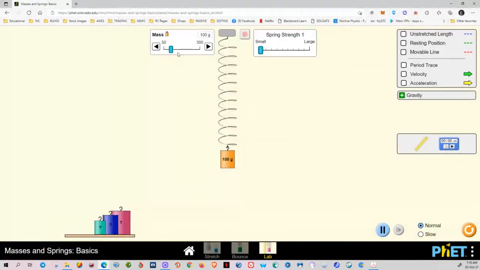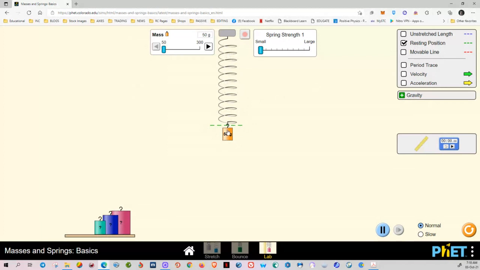First, I suggest that you start at the lowest mass available, which is 50. You can stop the vibration by clicking this button here. From what we call the resting position, this line, by putting a check on the resting position, this is the neutral position.